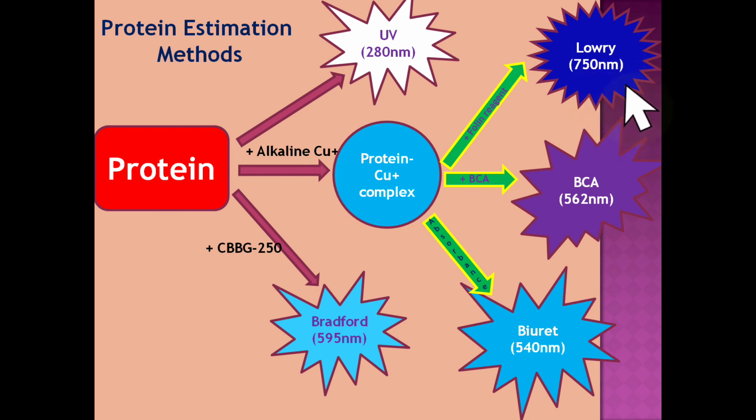As a result, the violet color complex formed is measured at 750 nanometer. In the BCA reaction, BCA replaces the reduction of Folin by the protein cuprous complex. So here BCA gets reduced, forms a complex with the cuprous ion, and that complex is measured at 562 nanometer, which is the basis for the BCA reaction.